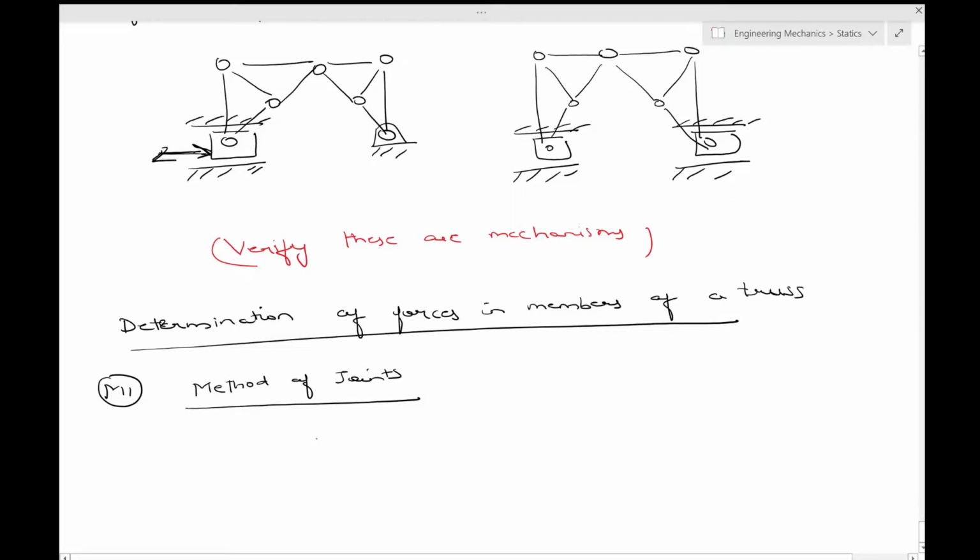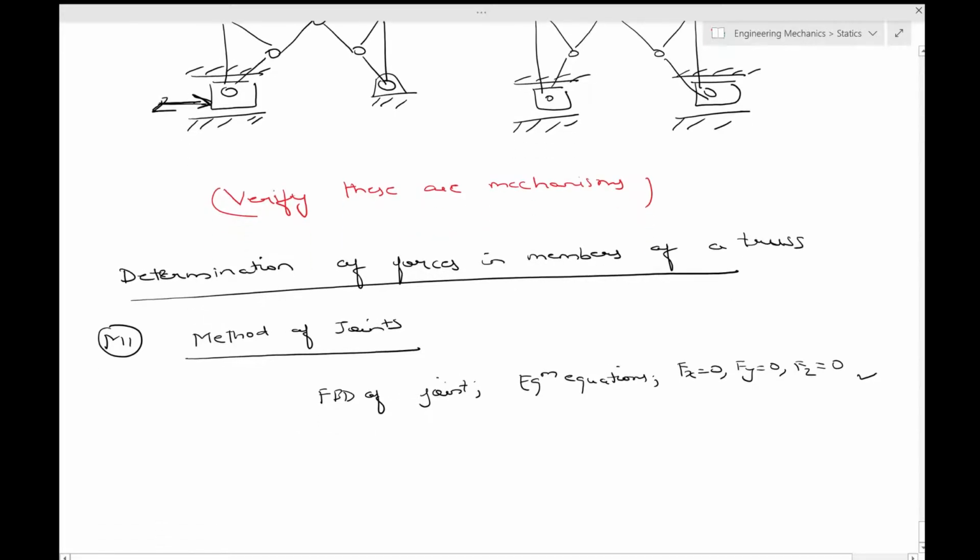So the FBD of the joint, and then the equilibrium equations, that may be Fx equal to 0, Fy equal to 0, Fz equal to 0. Then you solve these equations. You have to assume that all forces are pulling.